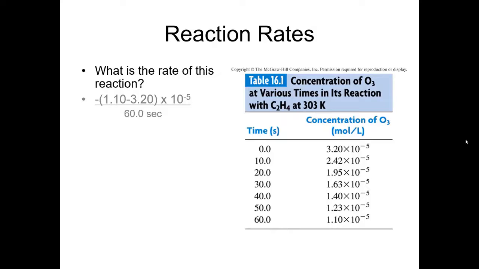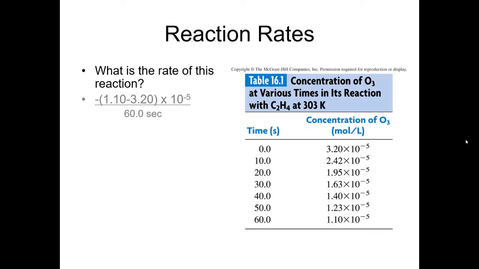And just to save space, I pulled out the times 10 to the minus 5 and put it on the outside, but trust me, the math works. And then my change in time is my final time minus my initial time, so 60 seconds. All right, so if I plug all of that in and crunch the numbers, I get 3.5 times 10 to the minus 7 molarity per second.